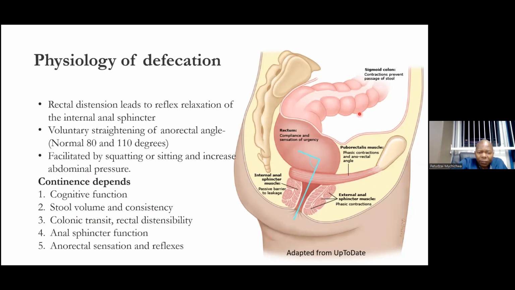And also if there are rapid colonic transit times, that may overwhelm our mechanisms. If you have anal sphincter dysfunction involving either the internal anal sphincter or external anal sphincter, you have issues with your continence there as well. As well as anorectal sensation, which is quite key in terms of continence.